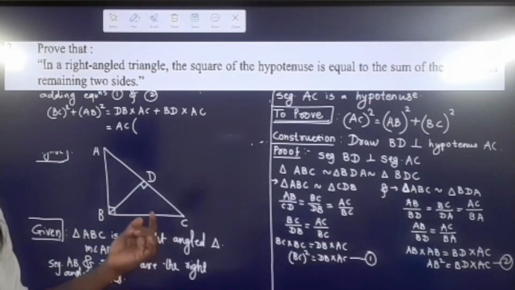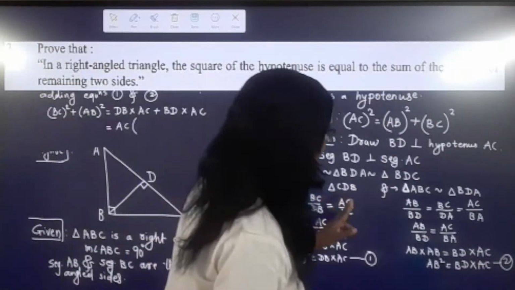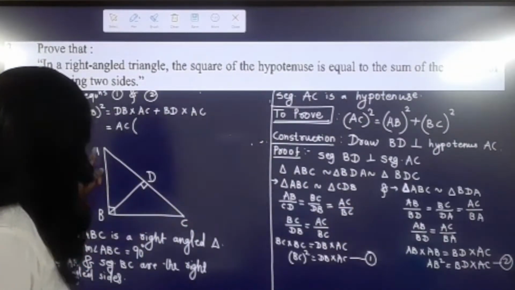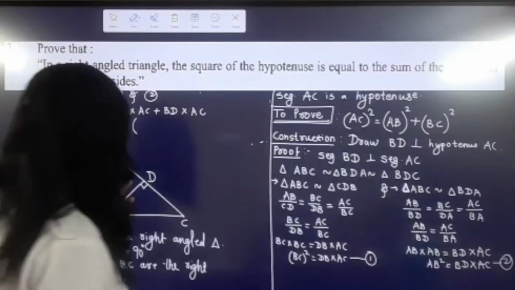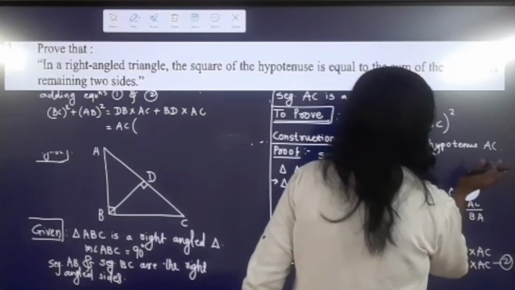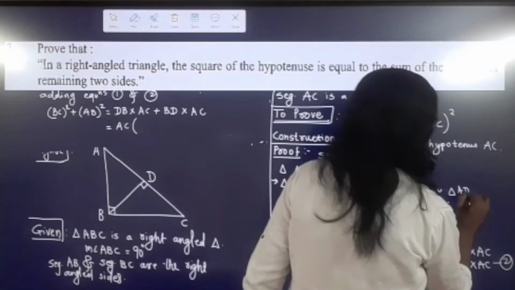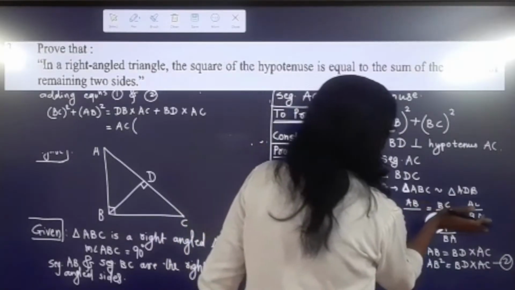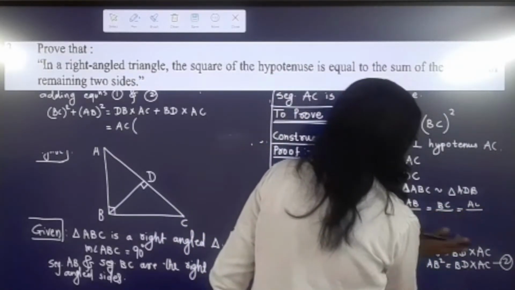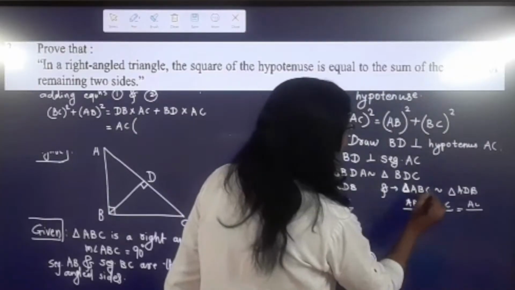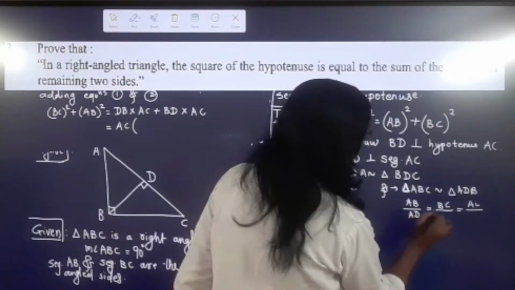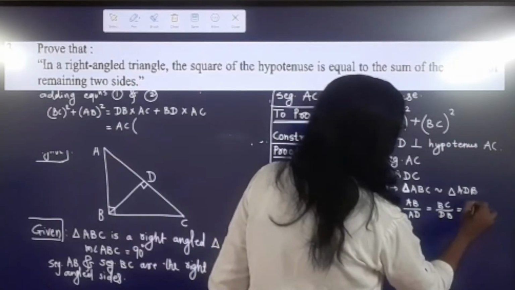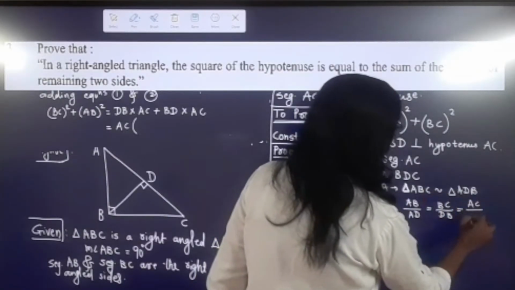So here we take ABC, then here students ADB. Okay, ADB. Yes, here ADB. Okay students, see here I write down that AB upon AD is equal to BC upon DB is equal to AC upon AB.